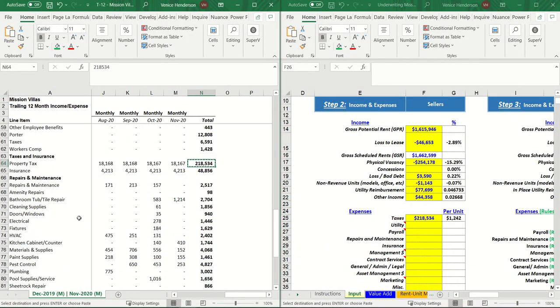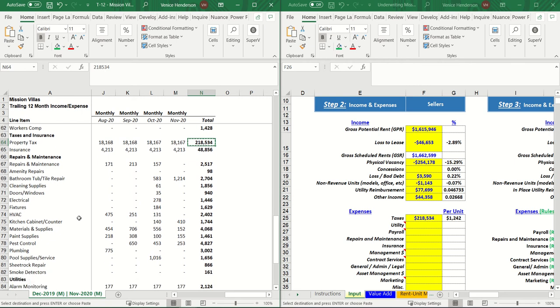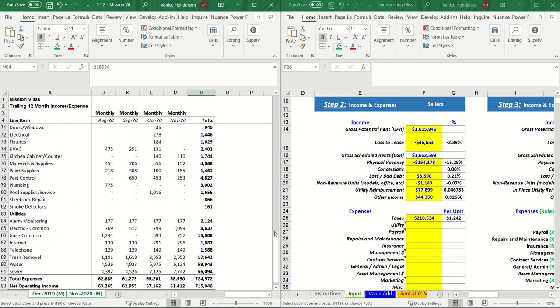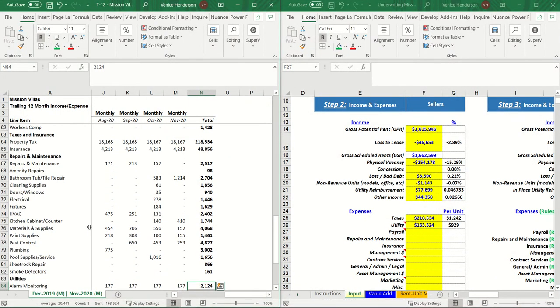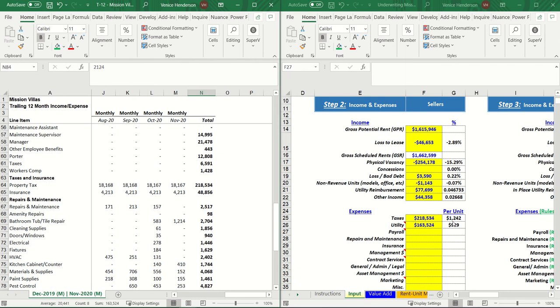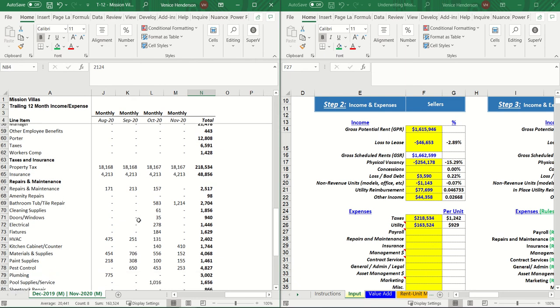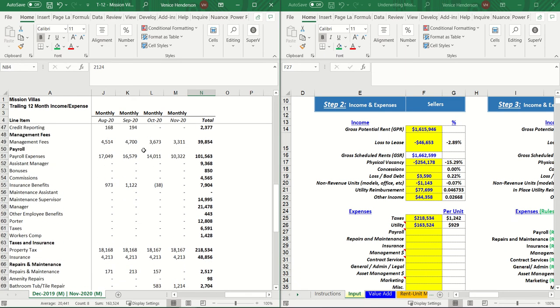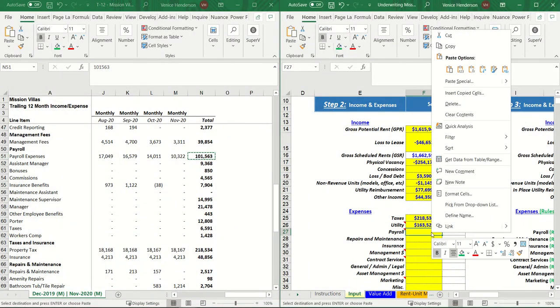Utility, we're going to just use the total utility of $163,524. Payroll. So when we're done, we're going to look at our totals and their totals, and we should expect that it should all be in alignment. Payroll expenses. Payroll seems kind of low.